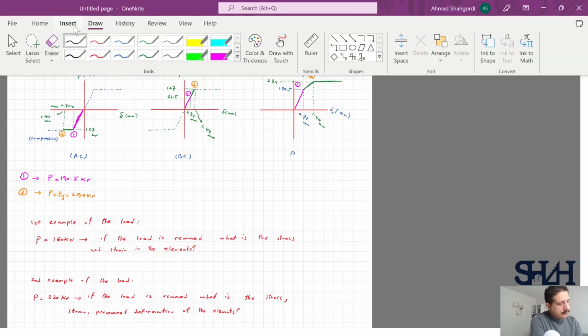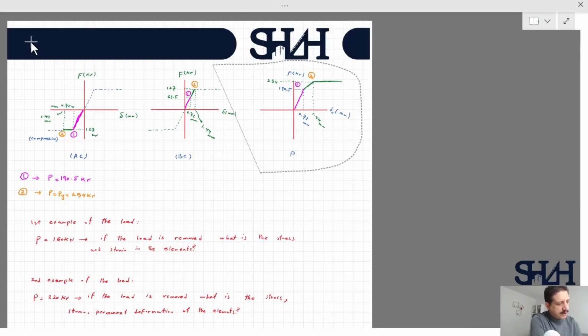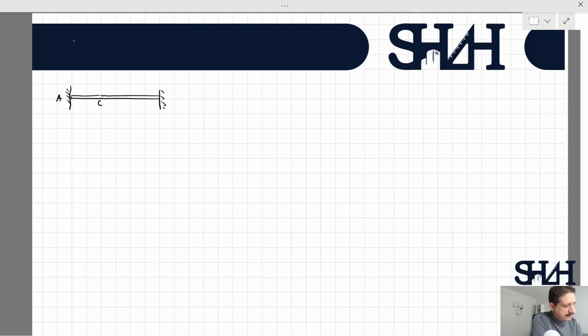So let's have these three points, A, C, and B, and the force is applied at point C towards the left. The distances are 400 millimeter and 800 millimeter. Also, E was 100 gigapascal, sigma yield 180 megapascal, and the diameter of the rod was assumed to be 30 millimeter.